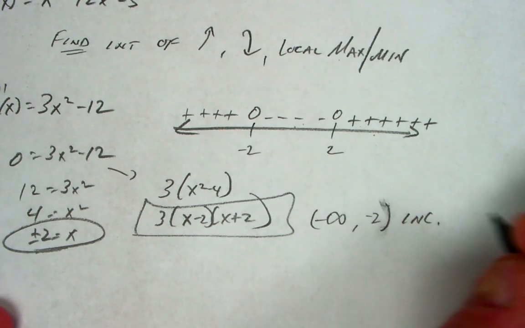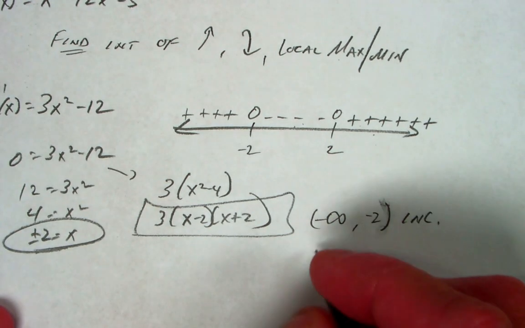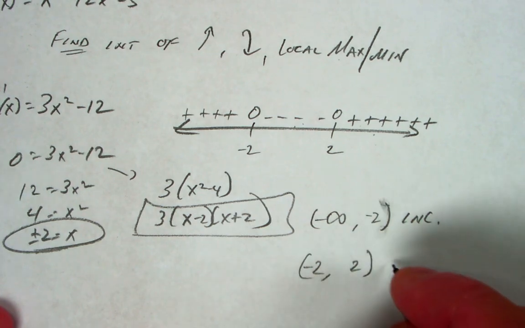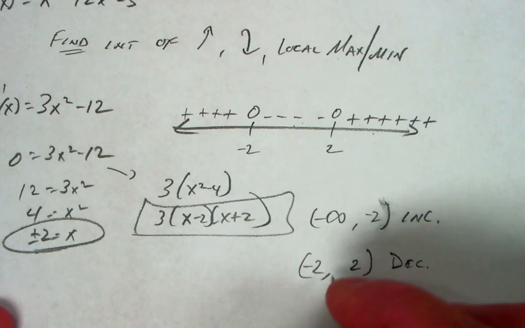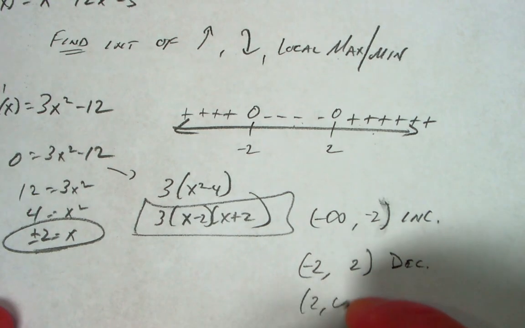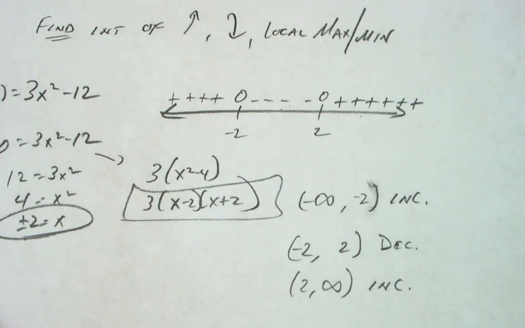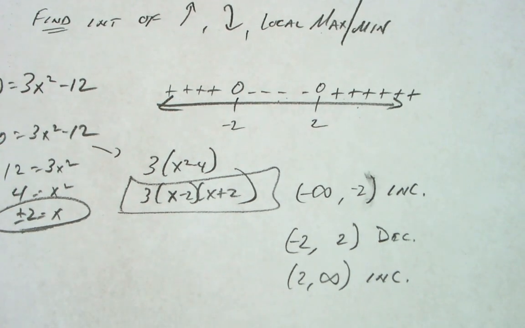Increasing. And then from negative 2 to 2, it is decreasing. And from 2 to infinity, it is back to increasing. So there's my intervals.